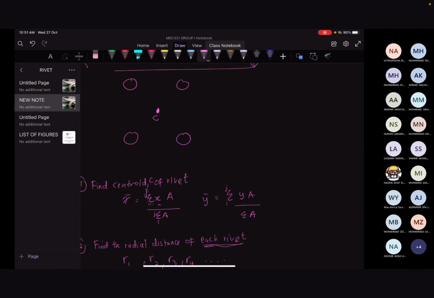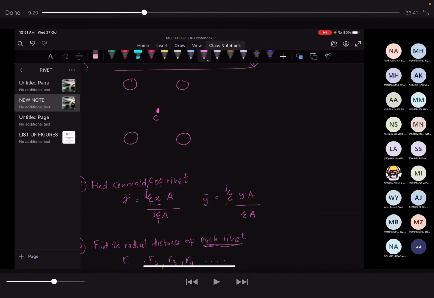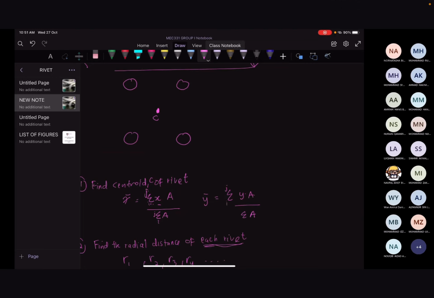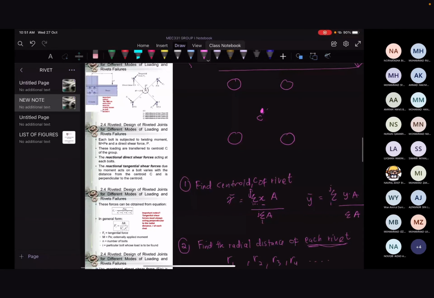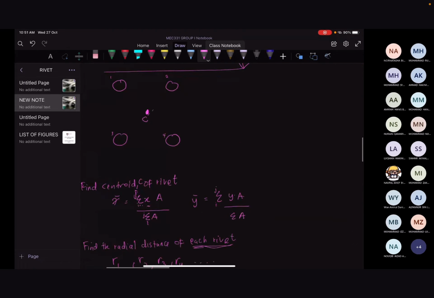Okay, so dalam gambar awak punya ni, this free body diagram is important. Kena lukis dalam soalan. Let's say this one is rivet nombor 1, 2, 3, 4. Okay, so this one is your R1. This one is R2.